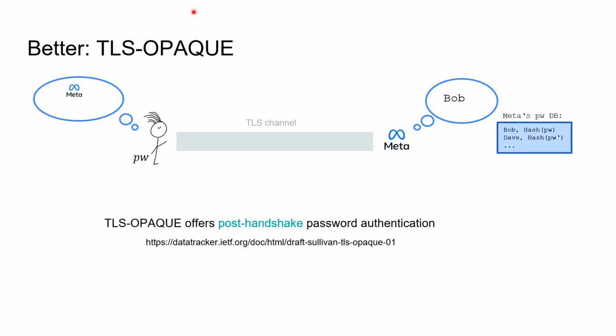After using the channel already for some time, they can press a button, activate or run this TLS-OPAQUE protocol, and the result is that Bob is convinced that the other endpoint of the channel, this guy here, knows the password, right? So he's then convinced, okay, I'm talking to a person who knows the pre-image of the hash, so I'm talking to Bob, okay?